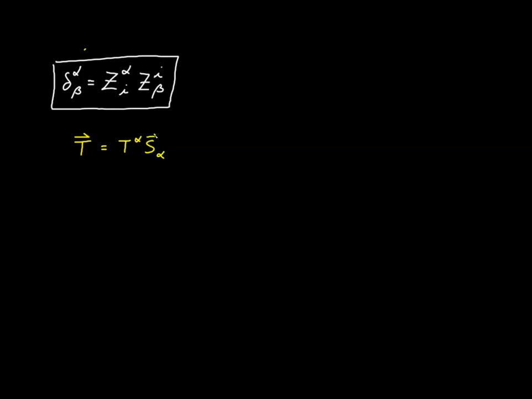Okay, but we can now replace S alpha with its equivalent in the ambient space by using our shift tensor. So this would also be equal to T alpha times Z I alpha contracted with our ambient basis vector Zi. So don't miss this. I've simply replaced this with its equivalent here according to our definition of the shift tensor.